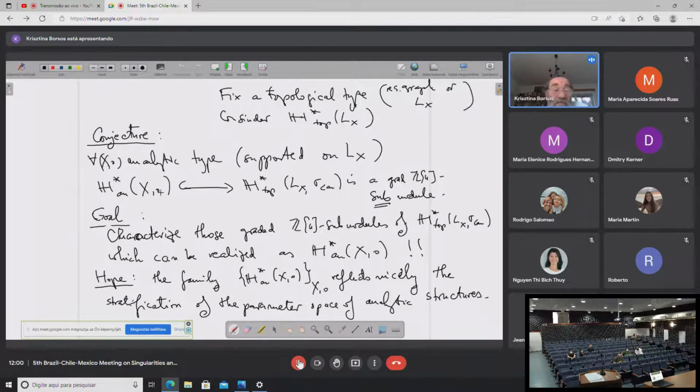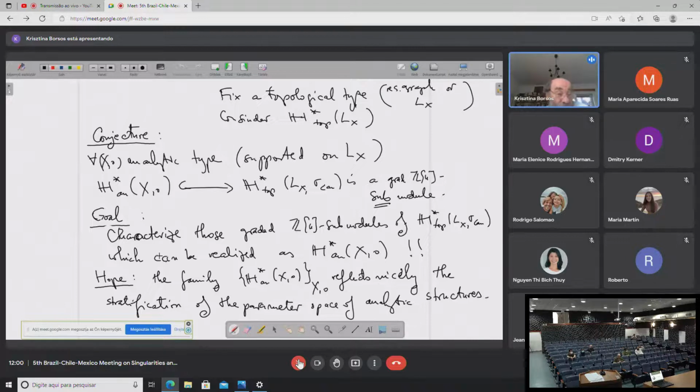So this was basically one of the main motivations, that I want to see the moduli space, even maybe a parameter space of the different analytic structures on a fixed topological type, where this can be a good invariant, which is not just a number, it's more complicated, it's graded Z[U] modules. And in this one, we can somehow codify a nice stratification of the analytic types.